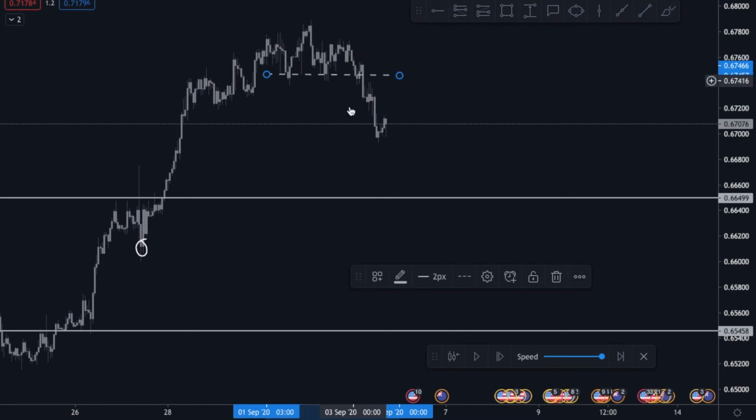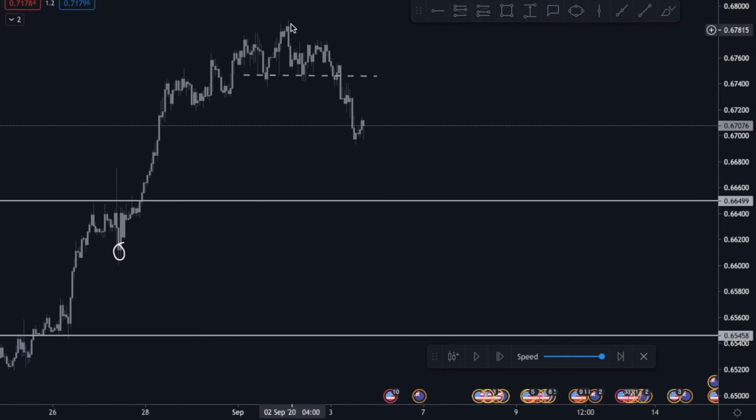Now, if we start to analyze it from the seller's perspective, you can start from here, it doesn't matter. Here. Price comes down, forms a bottom, comes back up, comes down again, forms a bottom, comes back up, and then finally comes back down again, and then comes up, and then finally breaches that area.